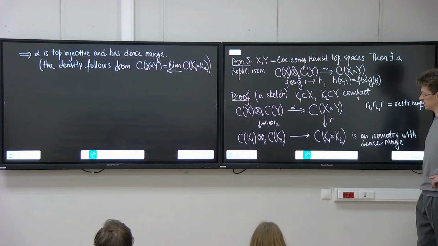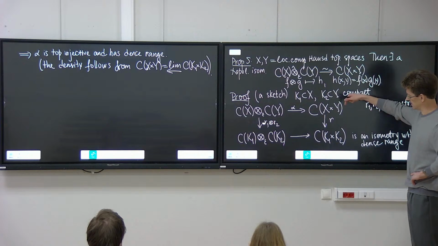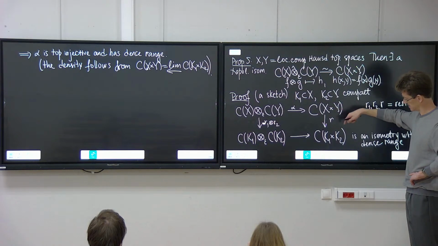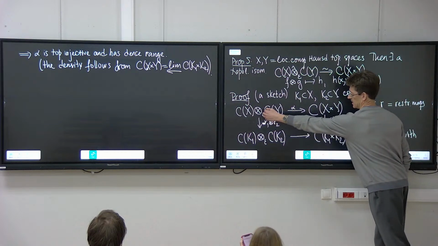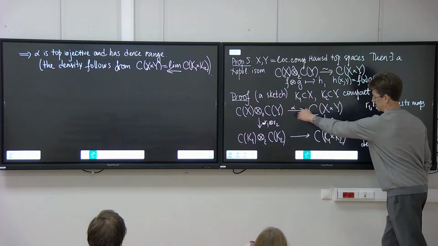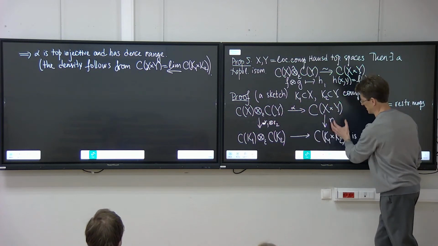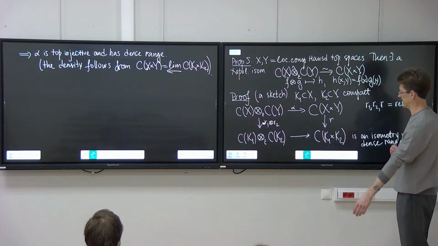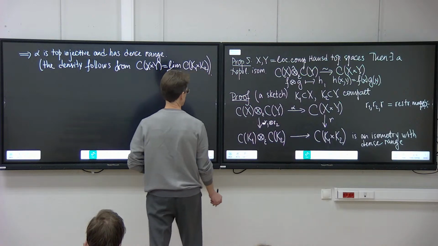We used the result that a vector subspace in the projective limit is dense, provided that the canonical projections take this subspace to dense subspaces. So if we look now at this arrow here, first we go from here to here, and then from here to here, then the composite arrow is easily seen to have a dense range, and so this implies that alpha also has dense range. Okay.